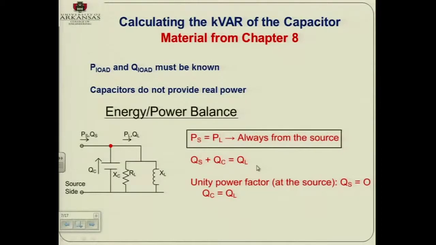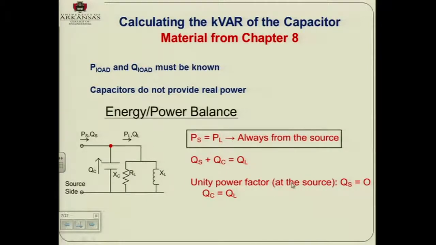So you add the real powers and you add the reactive powers, and the direction tells you whether you have a sign or not. If I move QL to this side, I have Q source plus Q cap minus QL equal to 0. That reminds me of Kirchhoff's current law, which says that the sum of all the currents going into a node is equal to 0.